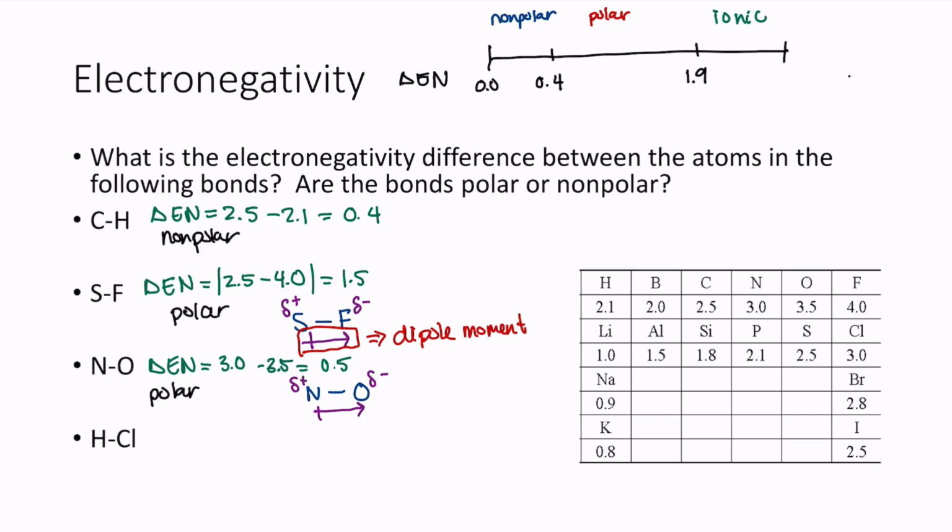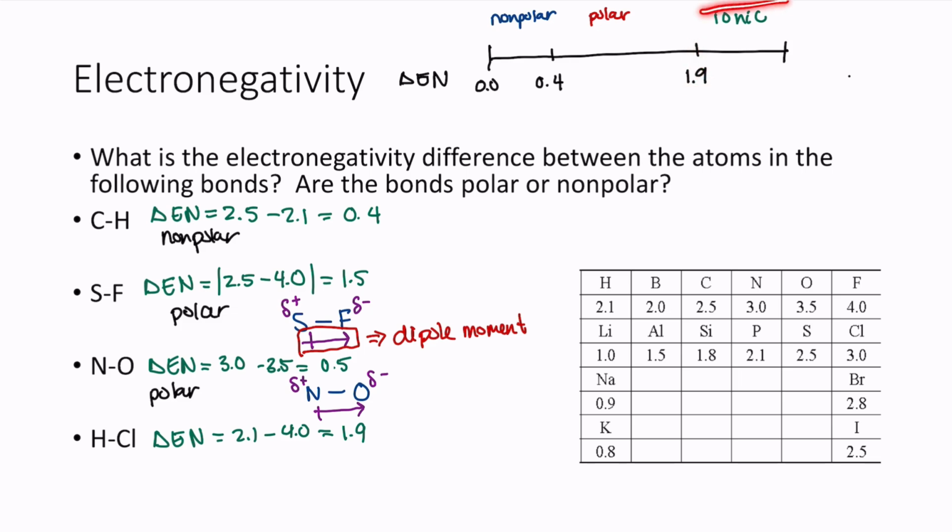Finally, let's look at HCl. The electronegativity for hydrogen is 2.1, fluorine is 4.0, so my delta EN is 1.9. When we look at our table, we notice 1.9 is right on the edge of being polar or ionic.